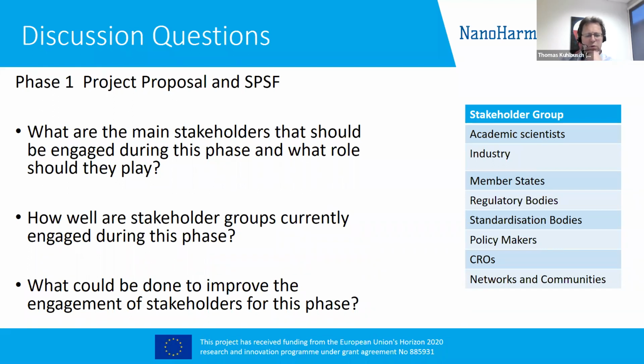We mentioned before researchers, funding agencies, regulatory needs, national coordinators, and standardization CROs. So which would you think are the most important ones? And you see the list on the right-hand side of the slide as well. So with the project proposal and SPSF being still at the edge, I think this is something where maybe you, Anne or Mar, could have a first idea, and then we continue with the national coordinators and lead of the WNT.